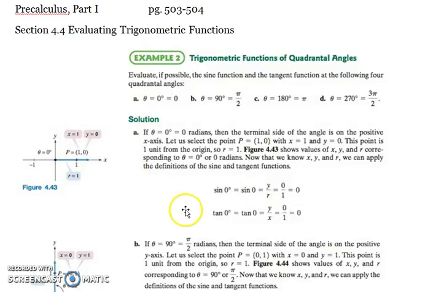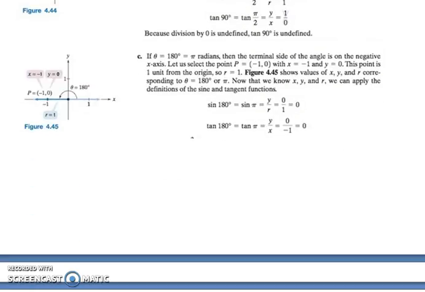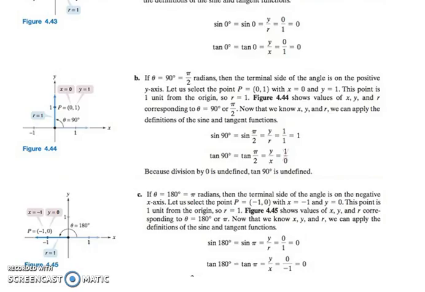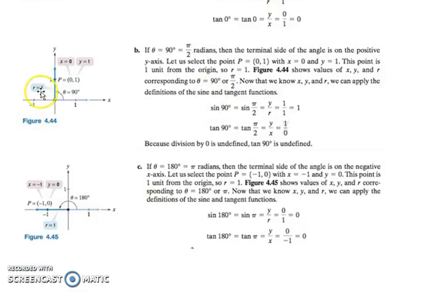Okay? For part B, it wants to know for 90 degrees or pi over 2. And again, it doesn't matter if you're in radians or degrees, the answer is the same. Now your x is 0 because you're not going left or right. Your y is 1 because you're going up. So x is 0, y is 1.